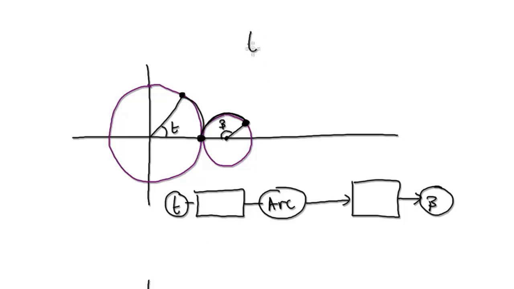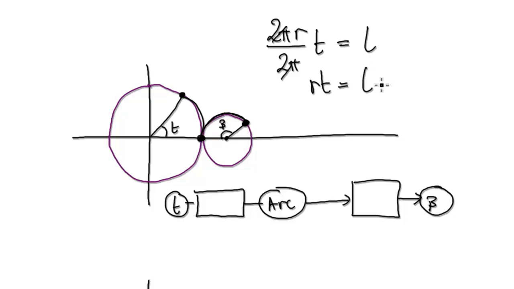So for given t, the arc length will be, well, what is this length here? Work out the circumference of the whole circle, 2 pi r, cut up into 2 pi equal pieces, times the angle t, and that will then give us our arc length, L. So L is really equal to r, the radius, times t.